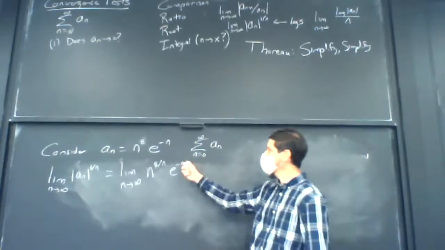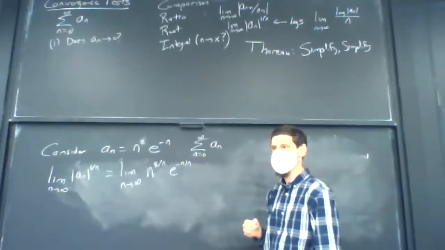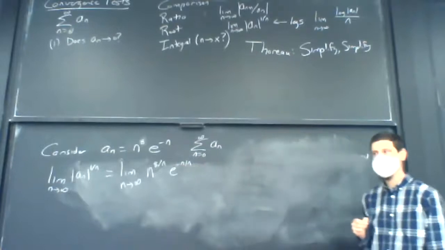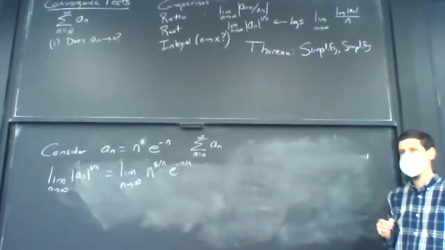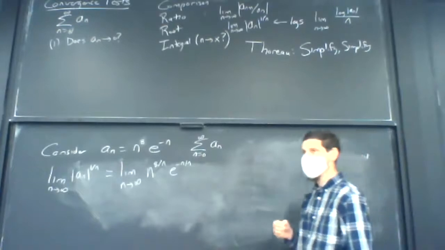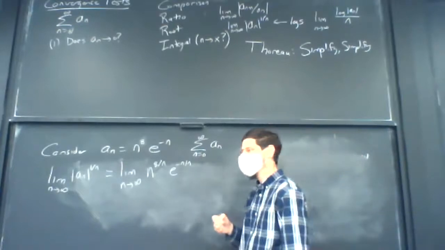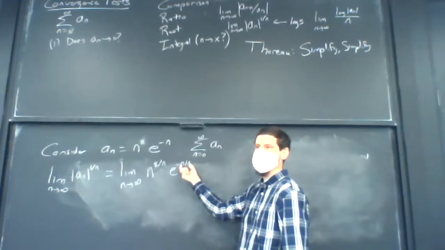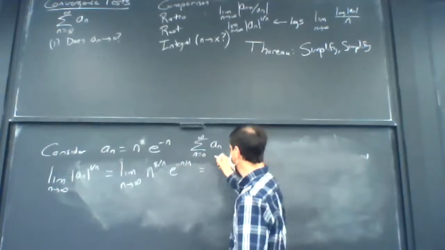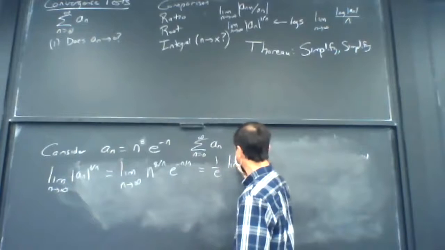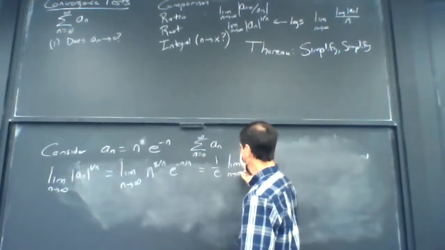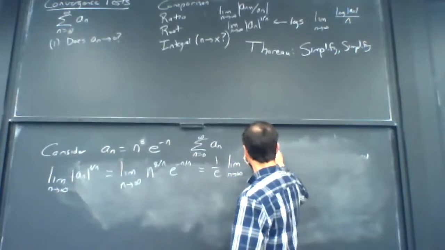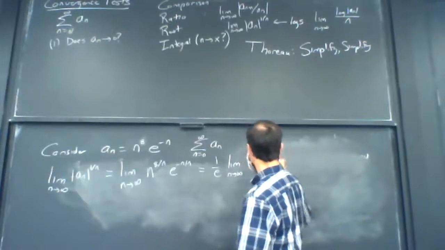Okay, what's e to the negative n over n? You're close. 1 over e. So this is just going to be 1 over e, the limit as n goes to infinity of n to the 1 over n to the 8th power.